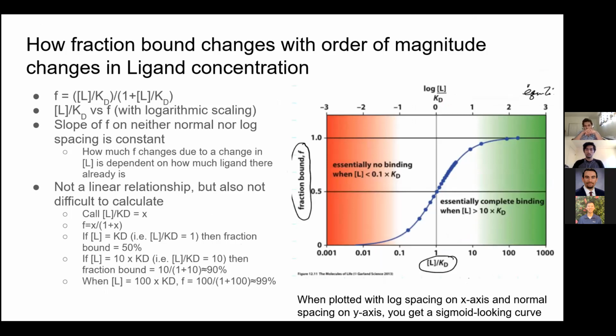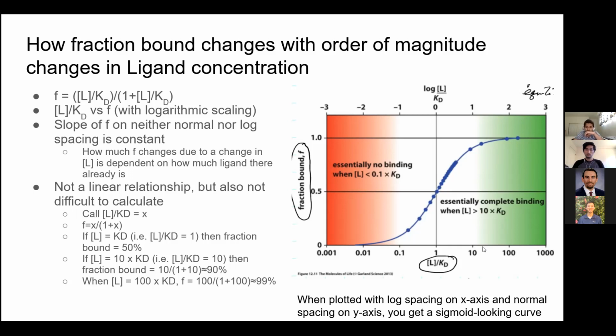Now we have this other plot where we talk about changes in f with respect to changes in magnitude. Again, this x value is L over KD, and rewriting f in terms of that, you have L over KD divided by 1 plus L over KD, and you have logarithmic scaling.